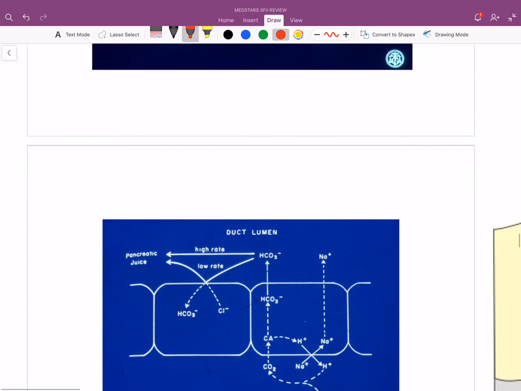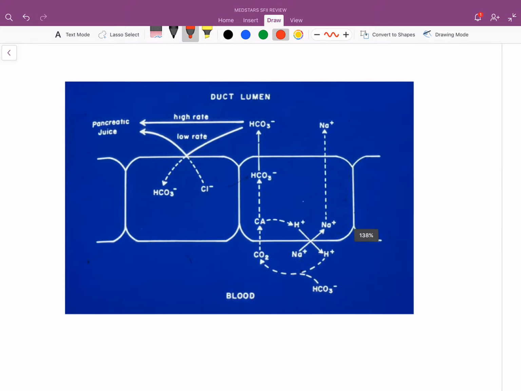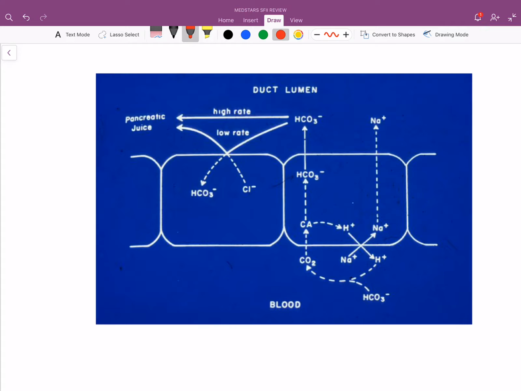All right, so let's talk a little bit about that pancreatic juice. Remember I said that bicarbonate is secreted in response to secretin. We call that pancreatic juice. So what exactly is the composition of that pancreatic juice with respect to a high flow rate and a low rate? In the high rate, we see that most of it is bicarb.